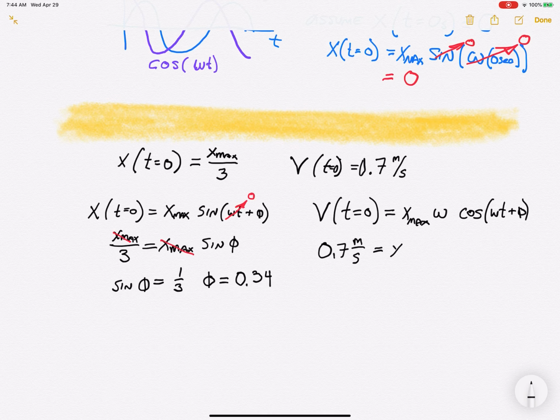That gives me x max omega cosine of phi. Now, omega was not a parameter. It had to be given to you. So let's set omega equal to 15 1/seconds.